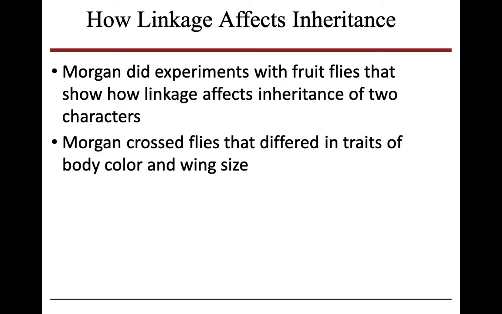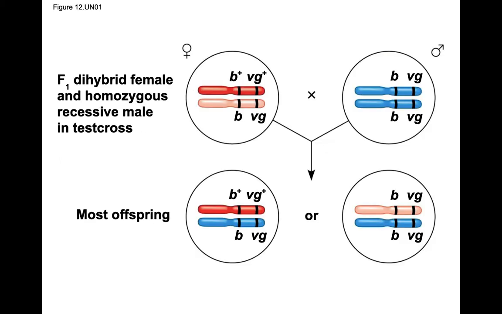And how does linkage affect inheritance? Well, Morgan did experiments with fruit flies that showed that linkage affects the inheritance of 2 characters, and he did that by crossing flies that differed in traits of body color and wing size.